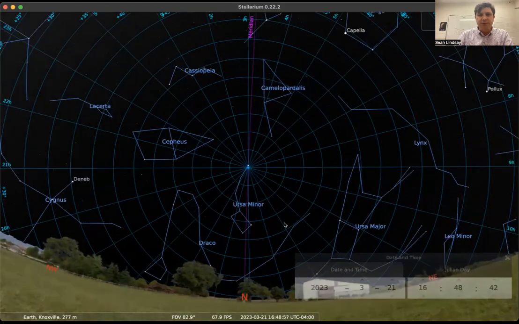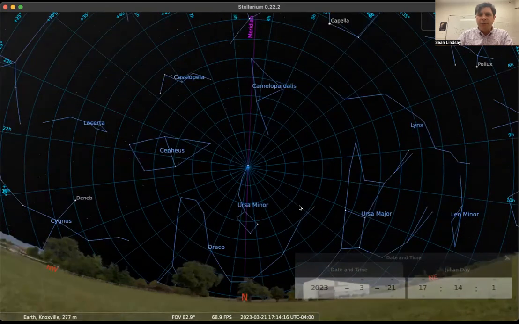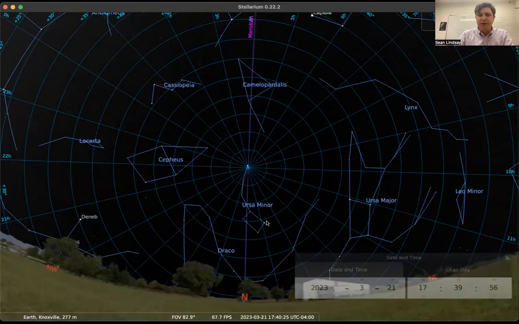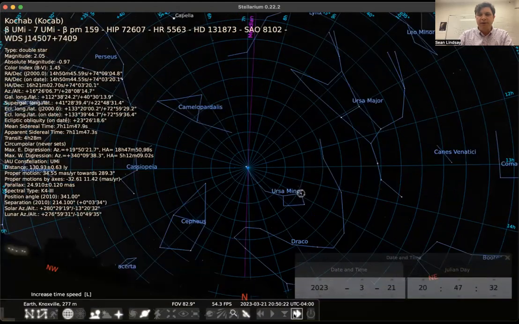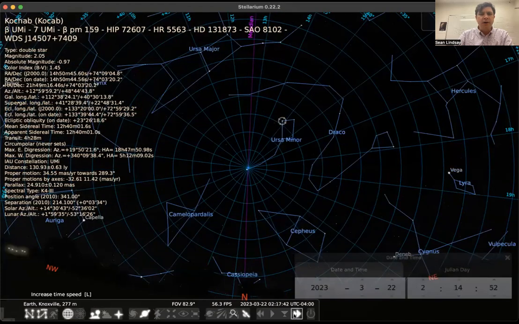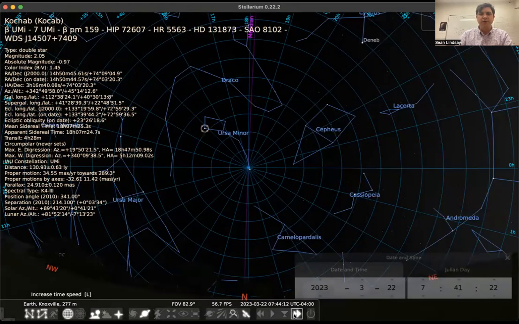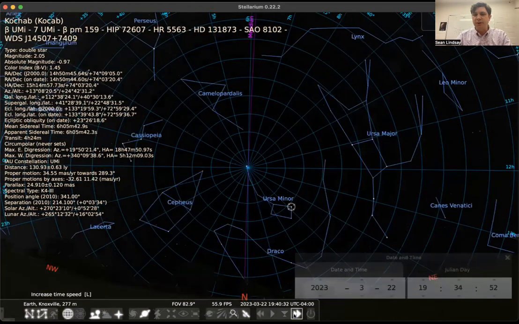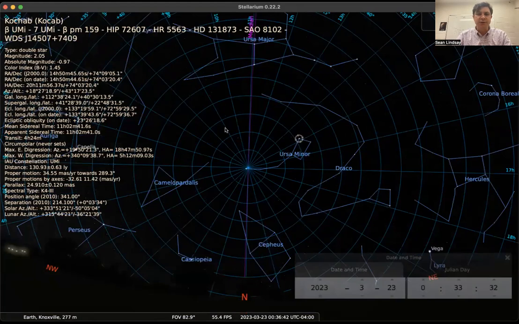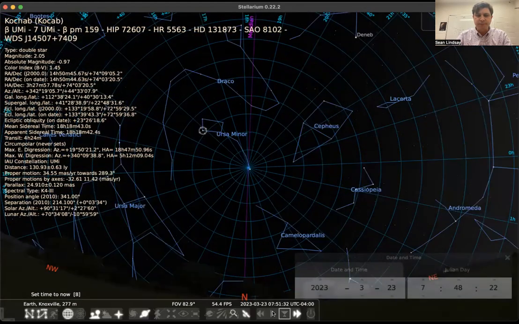Now notice some stars never rise or never set. So this star right here is always above our horizon here in Knoxville. Even if I speed up time, all it does is rotate around and around and around the pole. We call these circumpolar stars because they are just circling the poles.